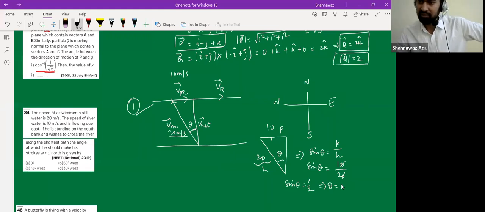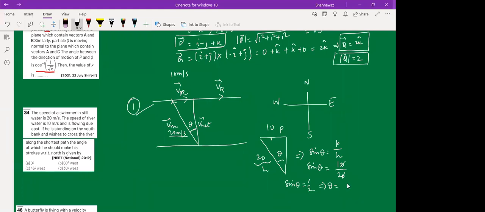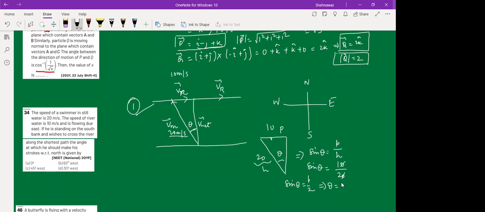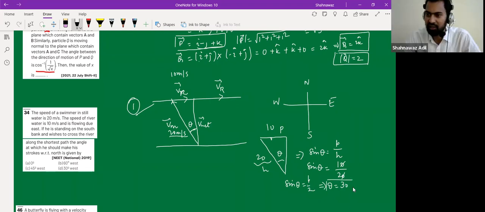Theta will be 30, right? So sin 30 is half, right? So this is the answer.